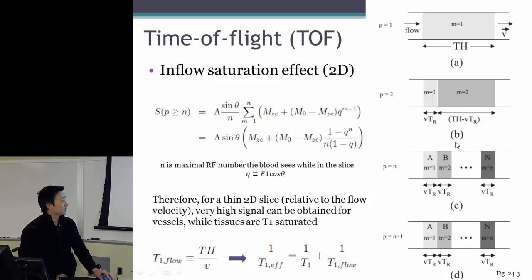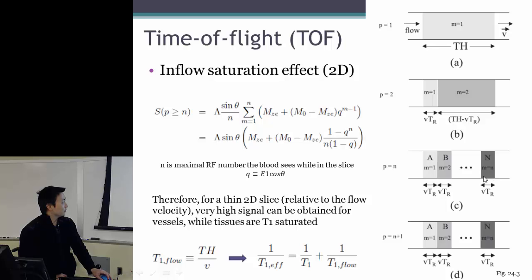If this goes on and we keep applying RF pulses, the blood spins that have moved to different depths of this slice will experience different numbers of RF pulses.